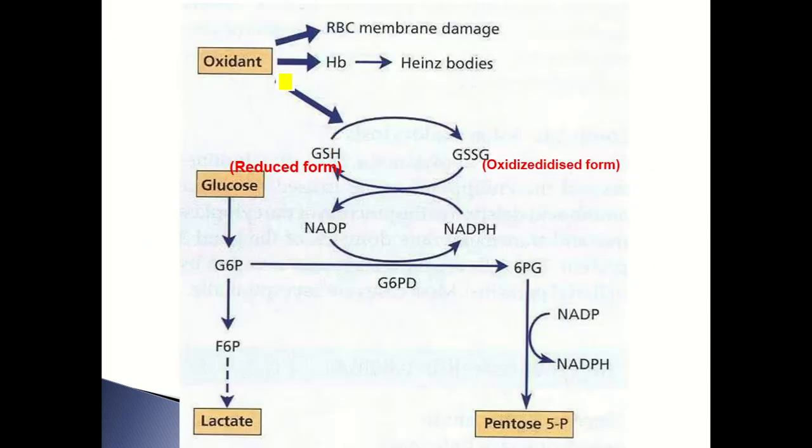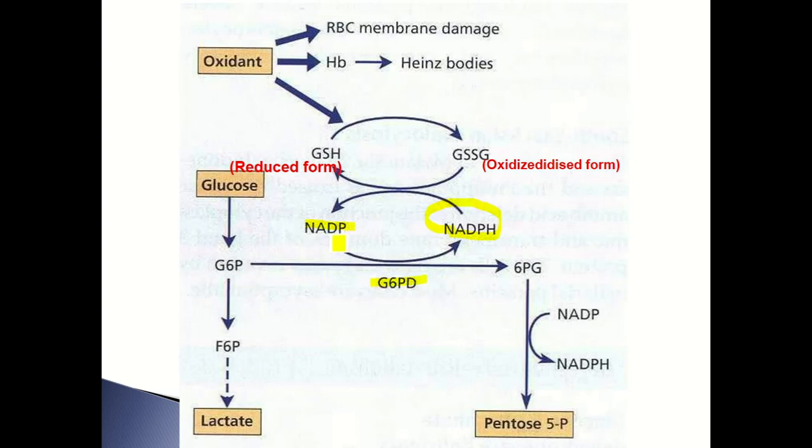This is the normal pathway. Usually NADP is converted to NADPH. Now this NADPH is protective. How? Because it converts the oxidized form of glutathione to the reduced form of glutathione. But whenever there is a deficiency of G6PD enzyme, this conversion does not happen.